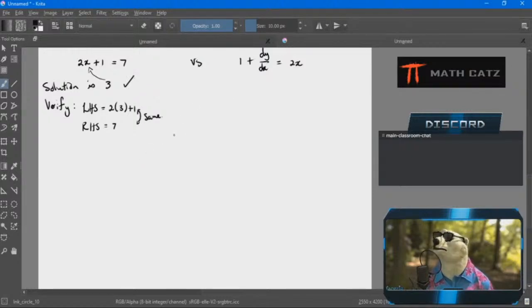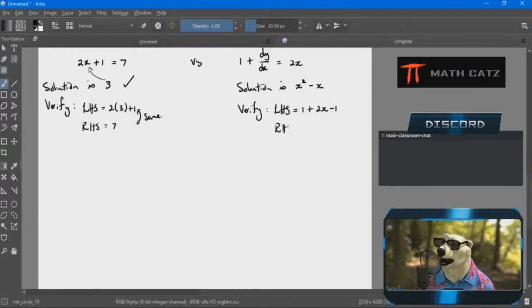The same concept applies to this differential equation, where if I'm given a guess of a potential solution as x squared minus x, I can again verify that by evaluating both sides of the equation. The left-hand side is going to be 1 plus the derivative, 2x minus 1.